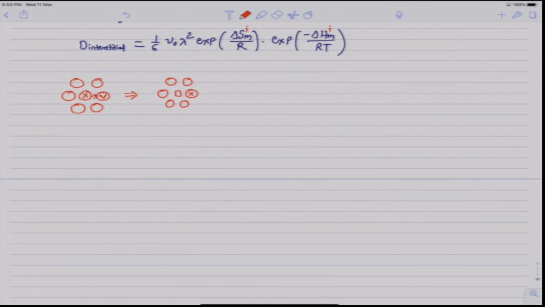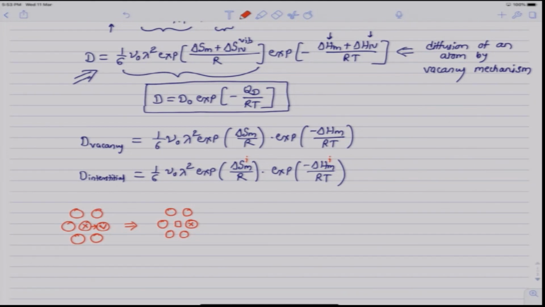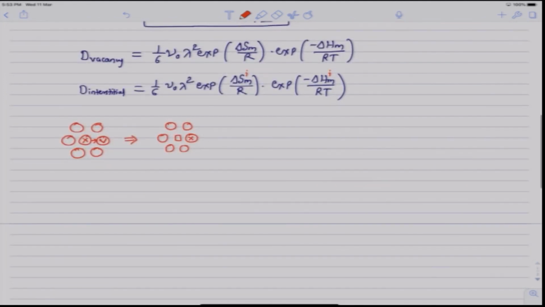And so, we need to apply a certain factor to this expression for D, which will take into account this correlation effect, and it is done by applying a factor f in the expression for D. So, f is called the correlation factor, because the next jump of the atom X is no more random, it depends upon the previous jump.